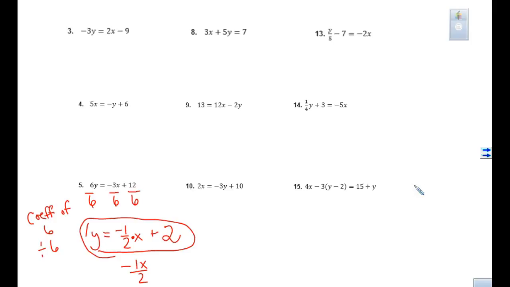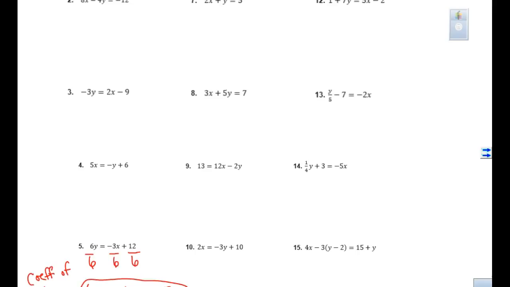This is the answer to 13, number 5 that I just did for you that you could have written down. So those of you that don't have this done, you want to do this and make sure you have this problem, because as we get into the next unit, you are very much going to be asked to find what's called the slope and the y-intercept. And so those become very important to writing it this way.